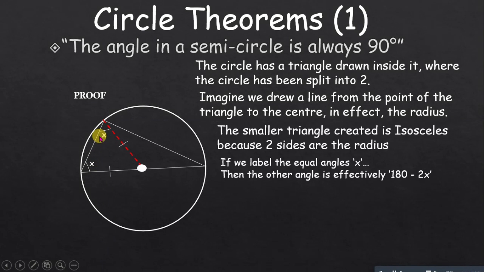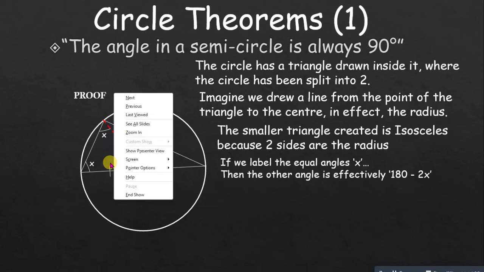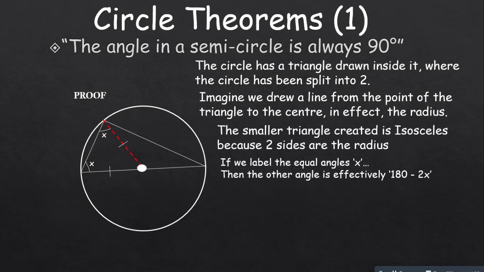So x plus x is 2x plus this angle will give you 180 degrees. So just subtract it from 180 degrees to get only this side of the triangle, right? So here is 180 degrees minus 2x.